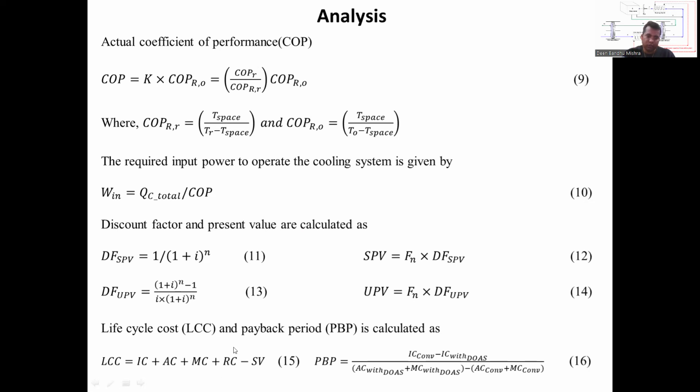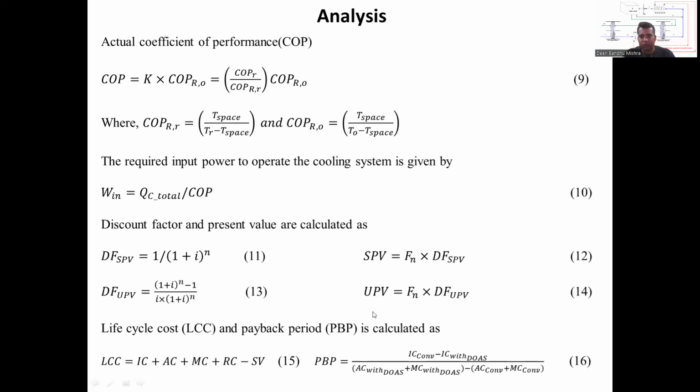All these costs are summed in terms of their present value, and present value is calculated using the single present value discount factor or the uniform present value discount factor. The single present value factor is for a one time investment, and the uniform present value factor is used for an equal amount of investment at equal intervals of time.